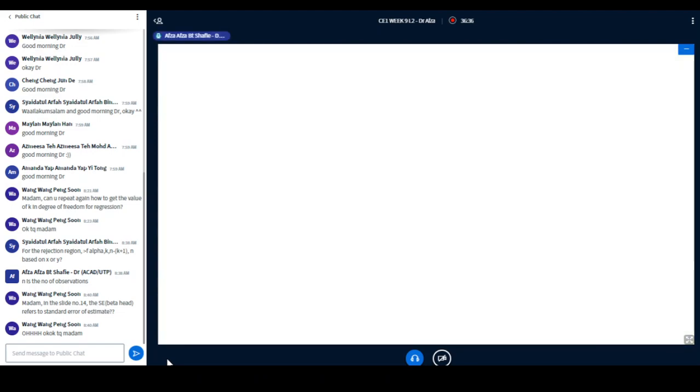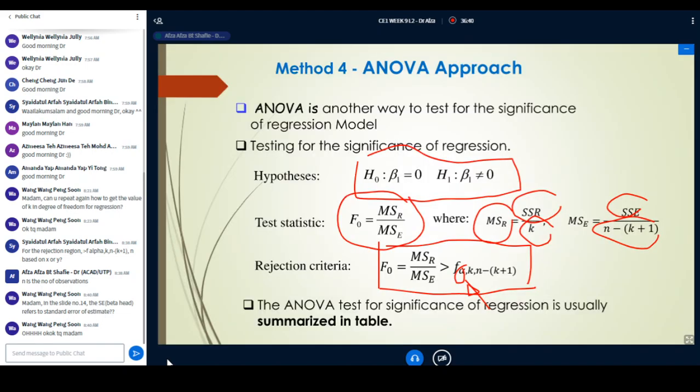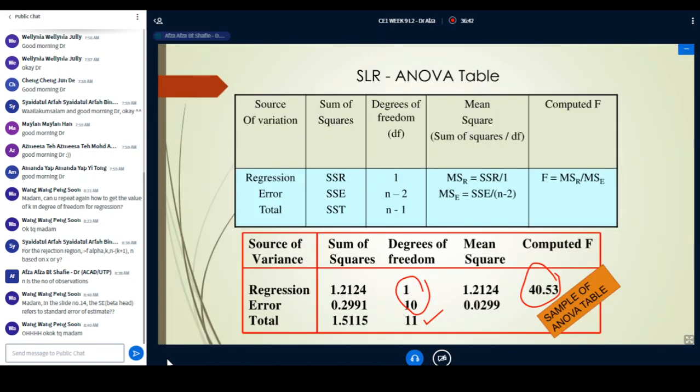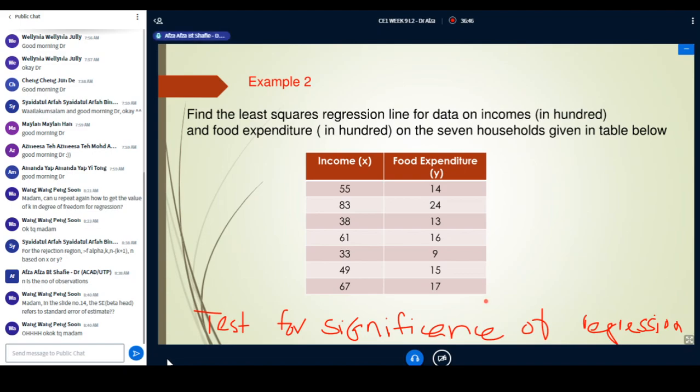Okay, right. So let's look at that question. I want to find a least square regression line on income, in 100, and food expenditure, also in 100, on the 7 households given in the table below. So this is my data.